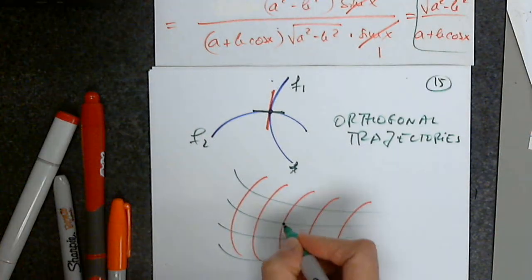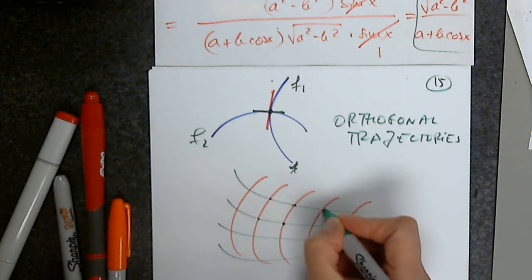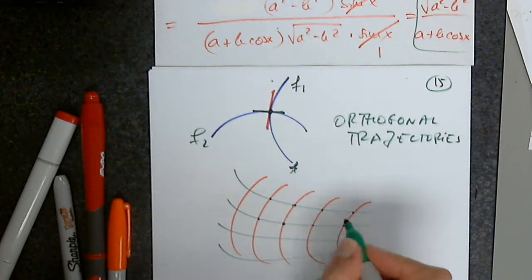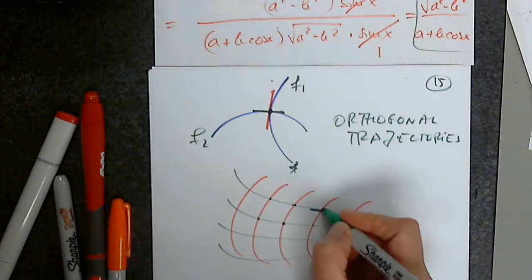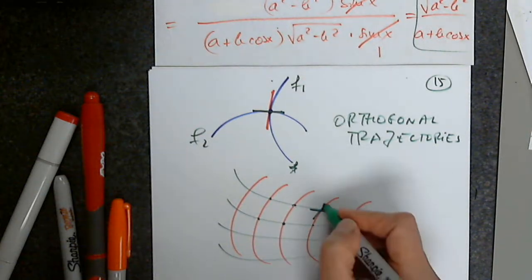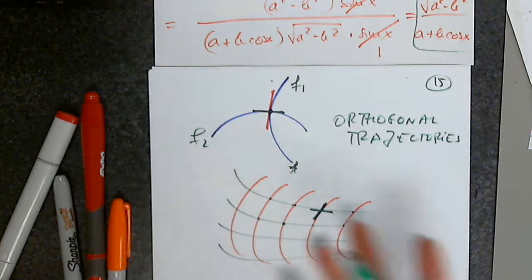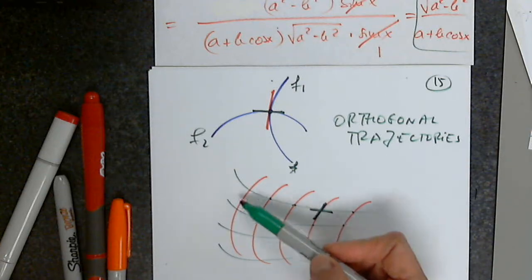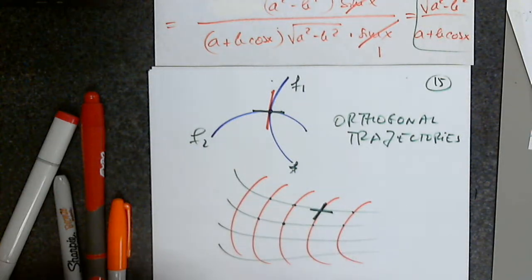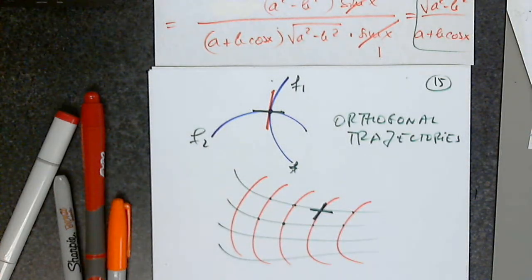If I show that at every point of intersection, the tangent to this curve is perpendicular, not in my drawing as you see, to the tangent at that point on the red curve, then I will say the family of curves in red and the family of curves in green are orthogonal trajectories of each other. So let's pick a problem.